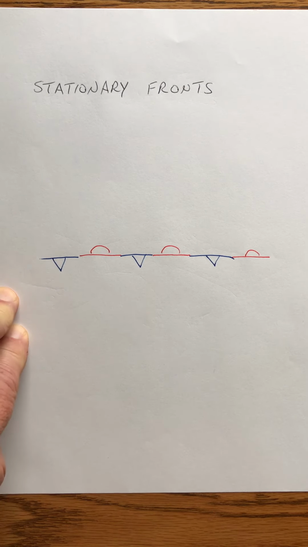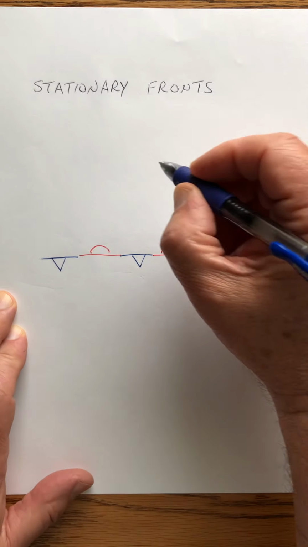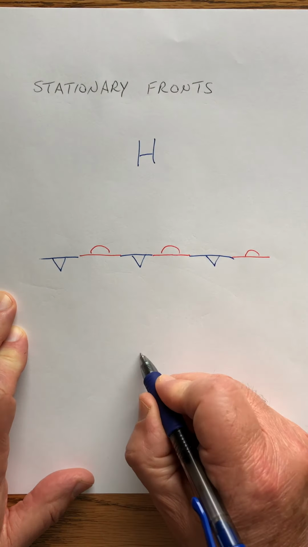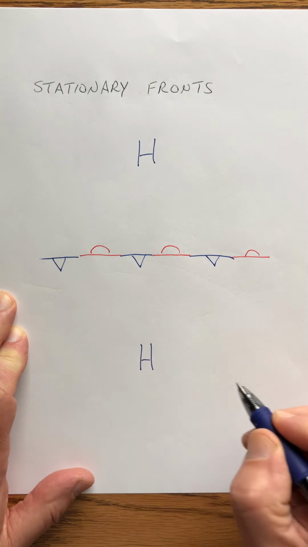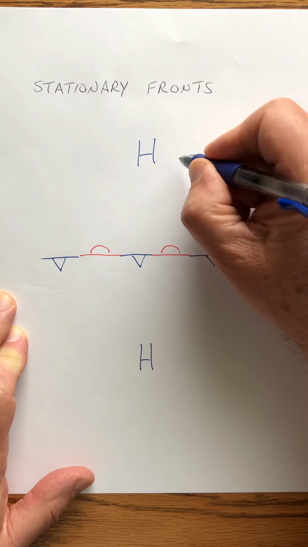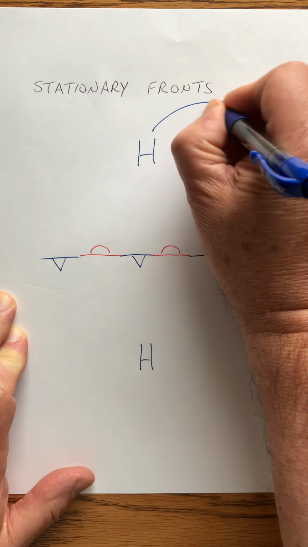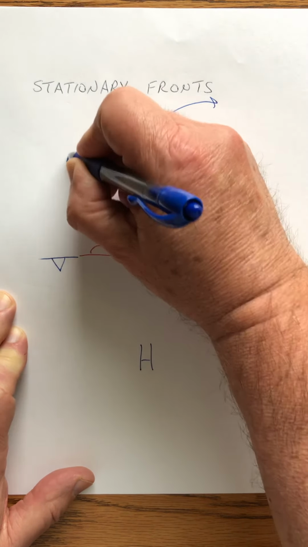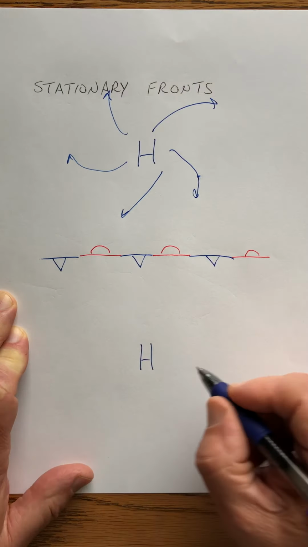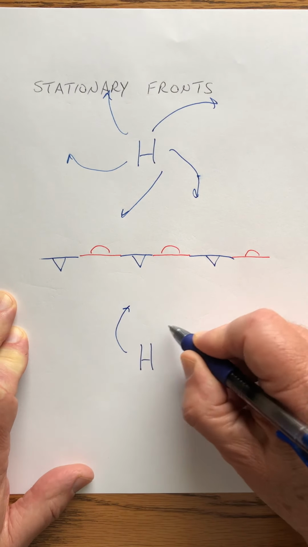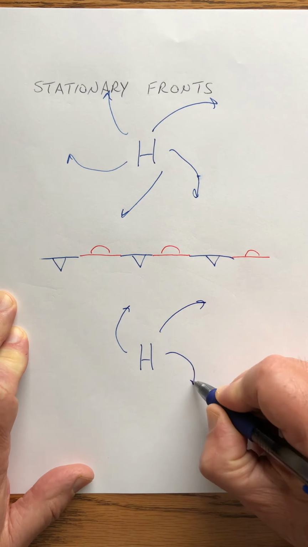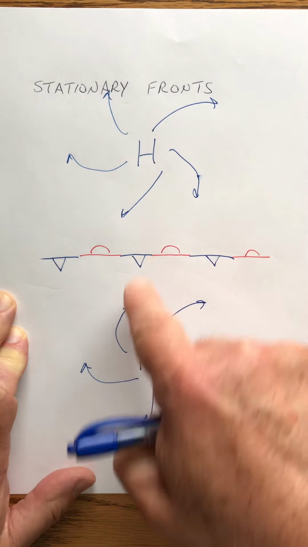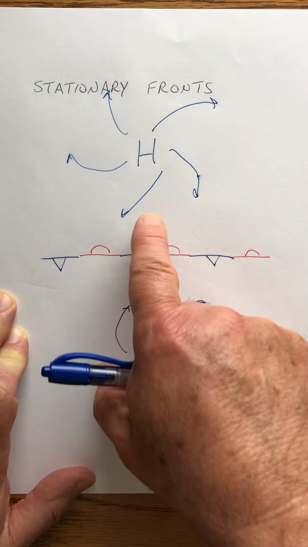And so on either side of the front here, we have cold, high pressures, and we know that around high pressures air flows clockwise and outward. All right, so if we draw in the winds associated with high pressures, notice that we have convergence taking place.